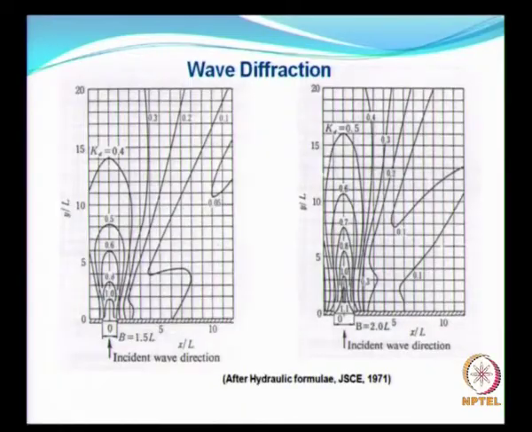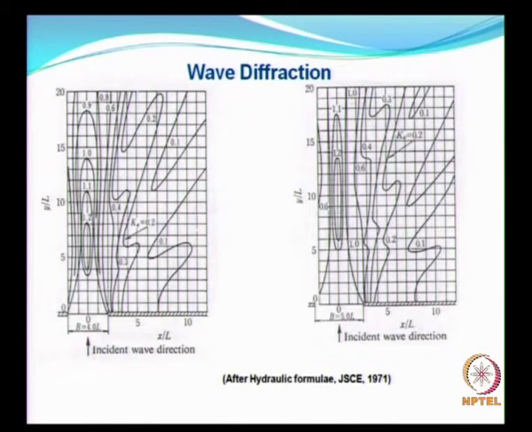On the right-hand side you see the breakwater gap twice the wavelength. So all this disturbance keeps on increasing as the gap increases. So you have 4 times the wavelength and 5 times the wavelength, and how the disturbance looks like.